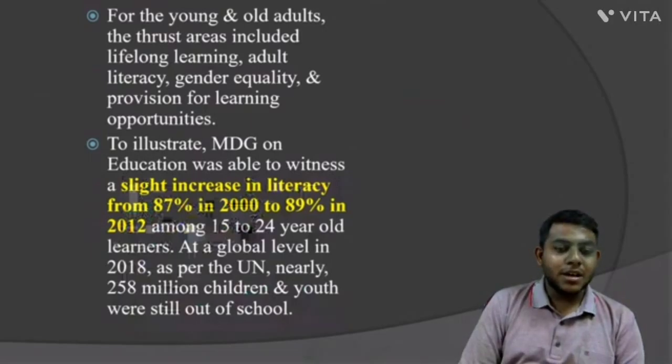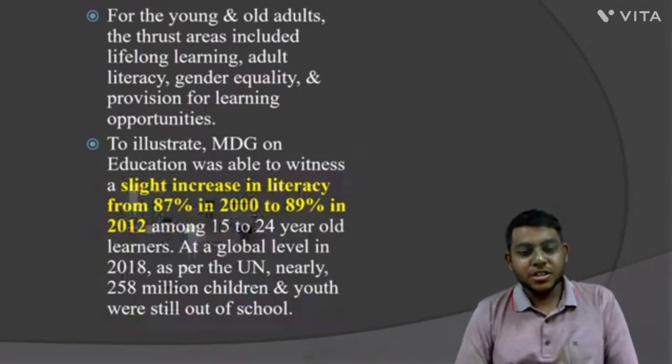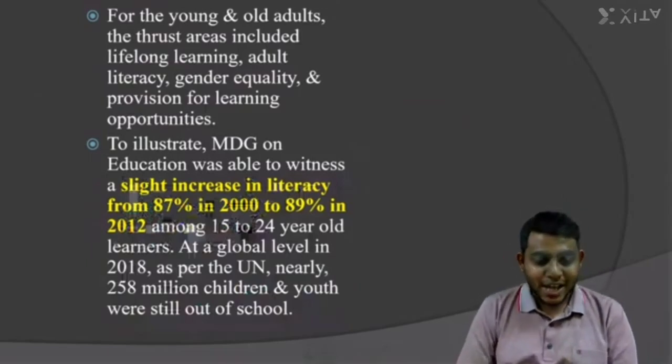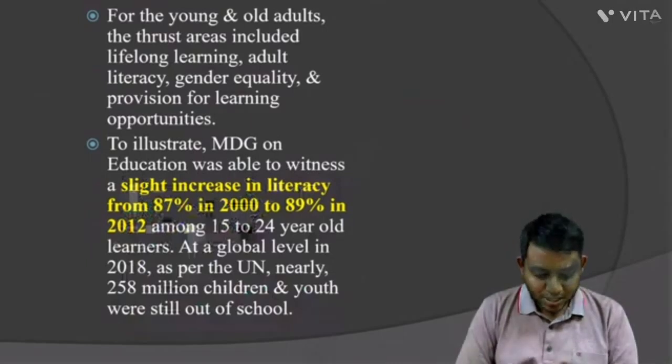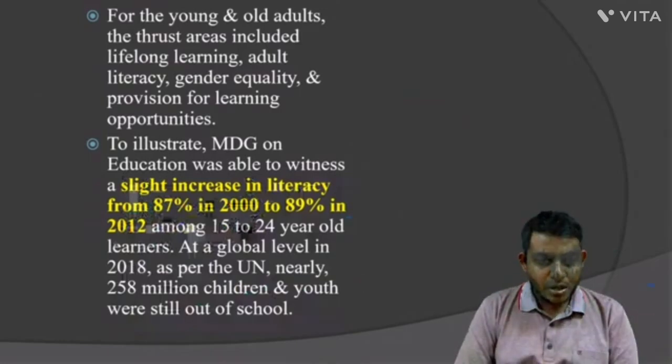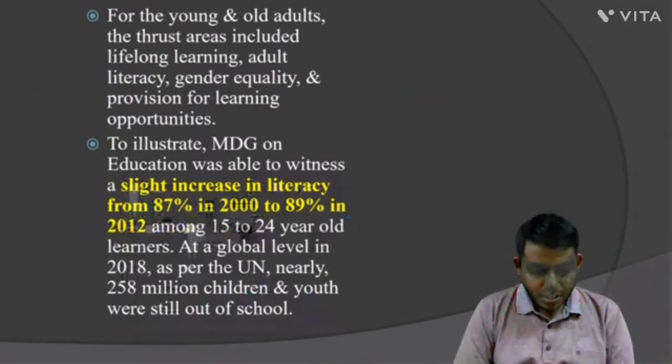To illustrate, the Millennium Development Goals on education were able to witness a slight increase in literacy from 87% in 2000 to 89% in 2012 among 15 to 25-year-old learners.